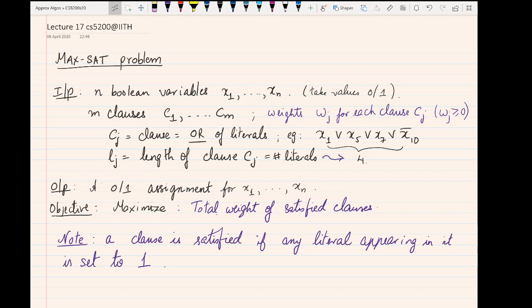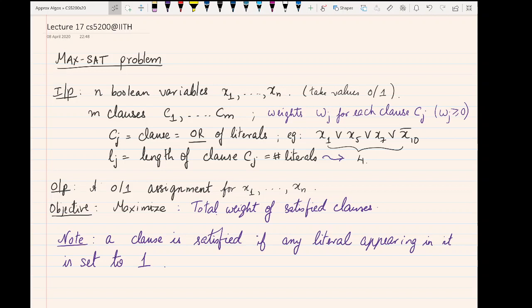Every clause, as I defined previously, is the OR of some Lj literals. So clause Cj is the OR of Lj literals, and for instance, in this case, the literals are x1 or x5 or x1 or x10 complement. So a literal is a variable or its negation. The output that we want, as you would expect, is a 0-1 assignment for the n variables x1 to xn.